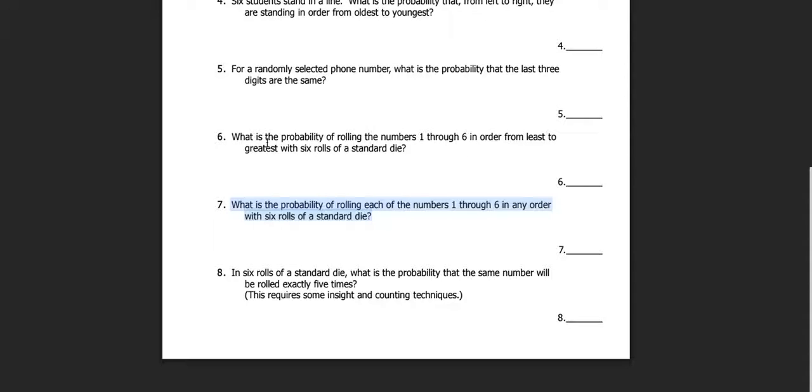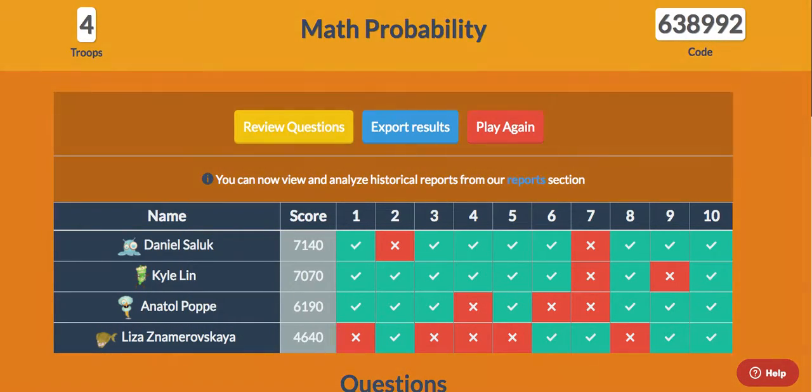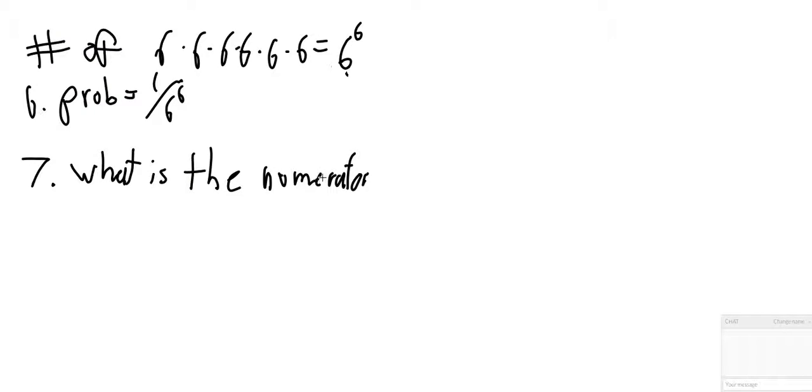So who has an idea how to do this? All right, the question is, what is the numerator for number 7? So, who wants to approach this?